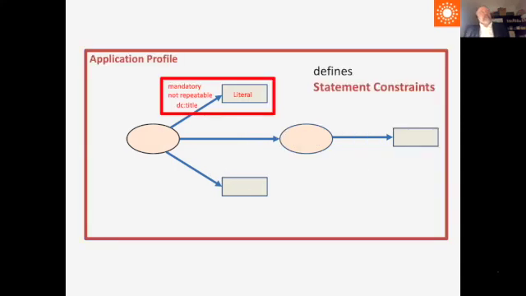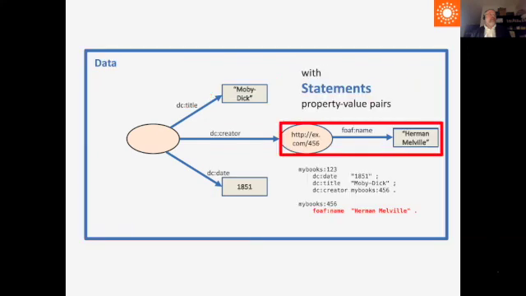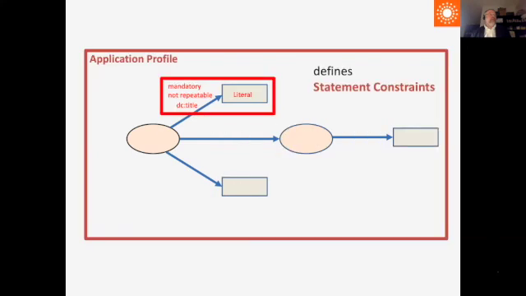An application profile defines constraints on those statements. So if these are statements, these are statement constraints. A statement constraint says that the DC title property must be used, but must not be repeated, and that the value must be a literal.